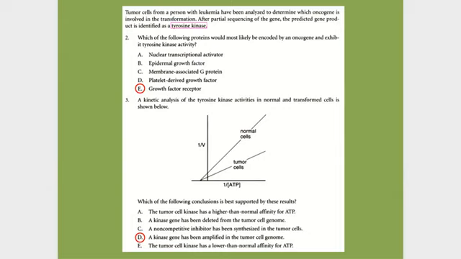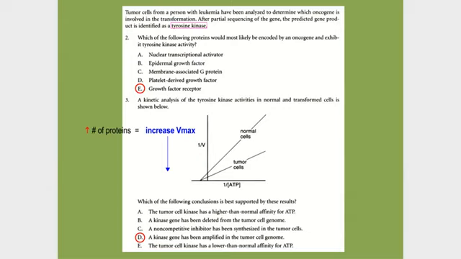But the key here is going from top to bottom. If you increase the number of proteins, you're increasing Vmax. So the value in normal cells is a smaller value than in tumor cells. One more time, the Vmax in normal cells is less than the Vmax in tumor cells.